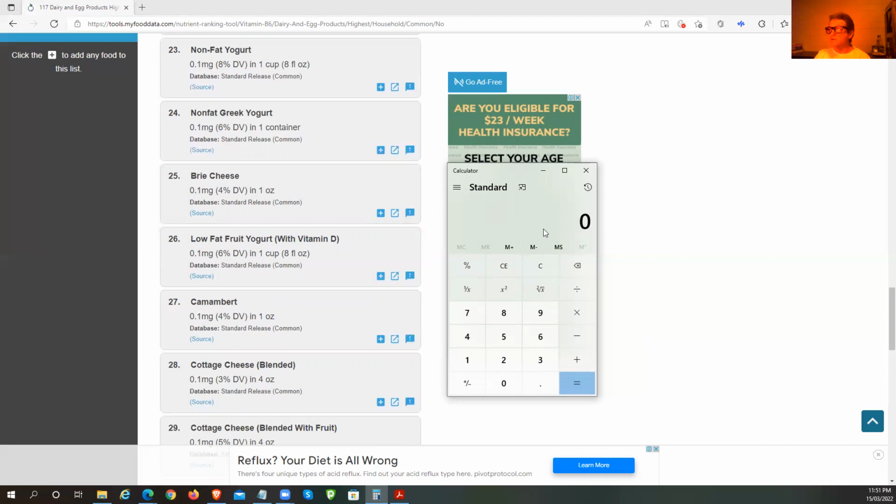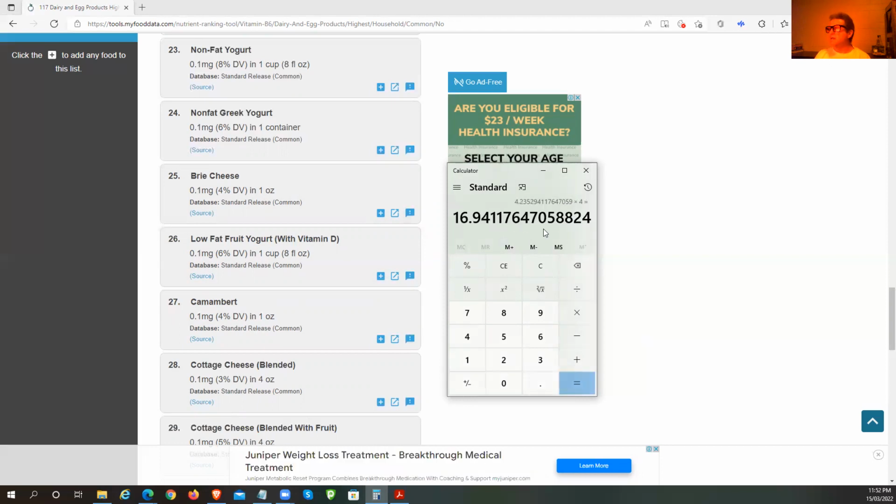I usually always have about 120 grams, divided by 28.3. That is about 4.23 ounces times 4. It's nearly 17%, plus the 20, that's 37.